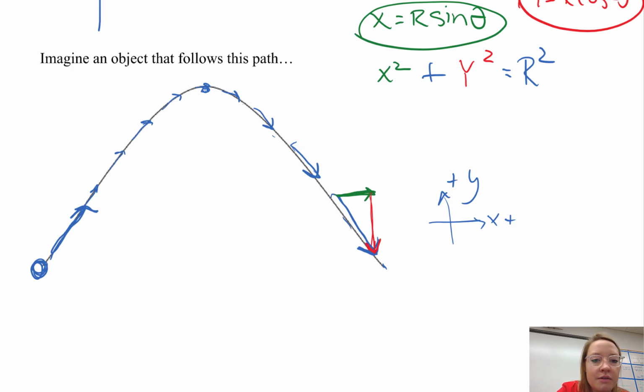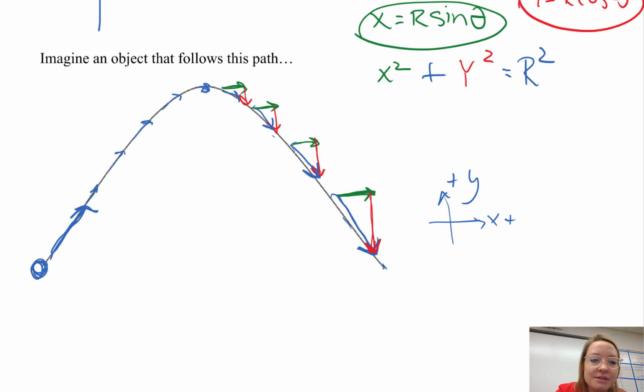And then over here, you would have something that's going about this far in the X direction and this fast in the Y direction. So you could see we could do this for the whole time, and how we could break that all up into components.